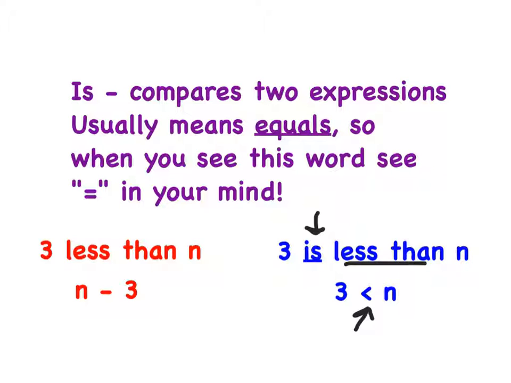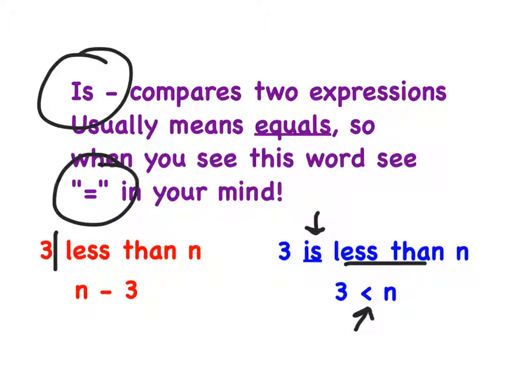This is an example of an inequality, and we'll deal with inequalities in our next unit, so keep that in mind. But just know that that's the difference. In this case, there's no is, so that's why we write it as n minus 3. In the other case where there is an is less than, we write it as the inequality symbol. But anywhere else you see the word is, I want you to think equals.